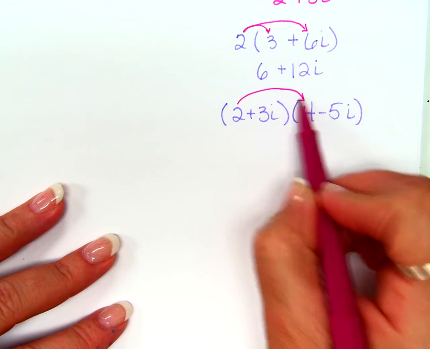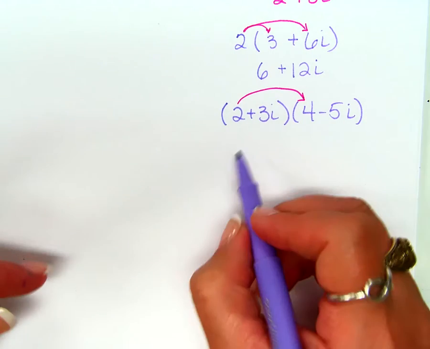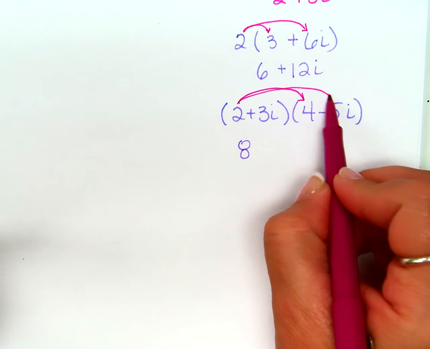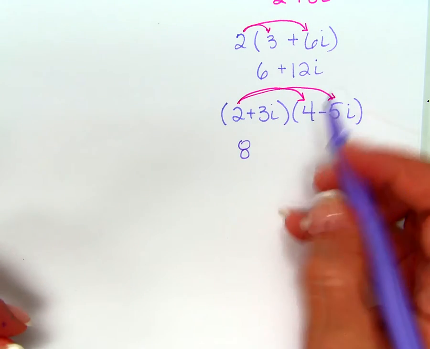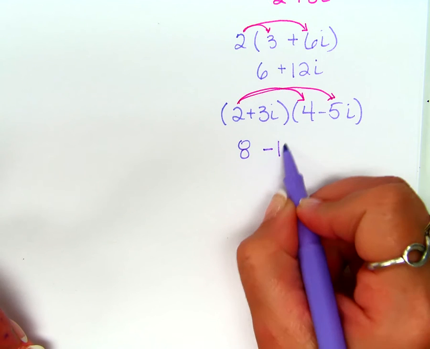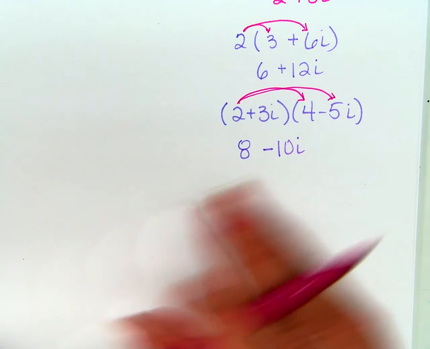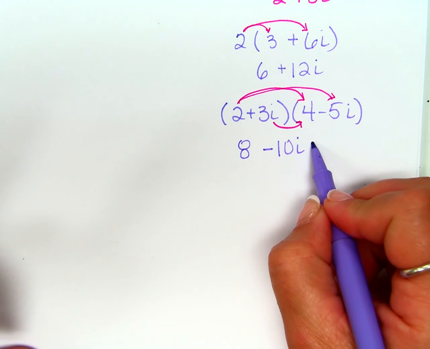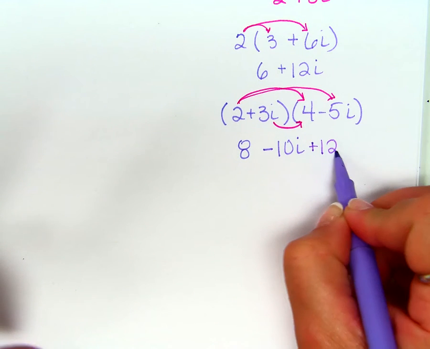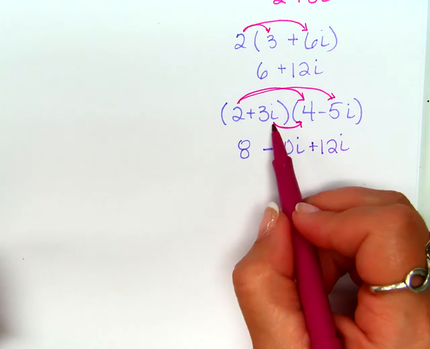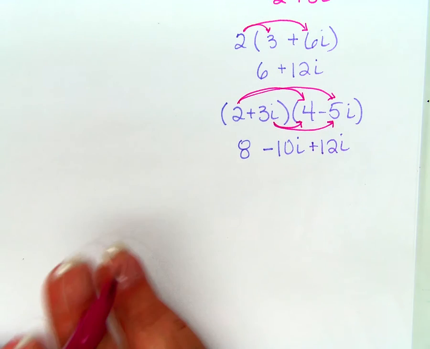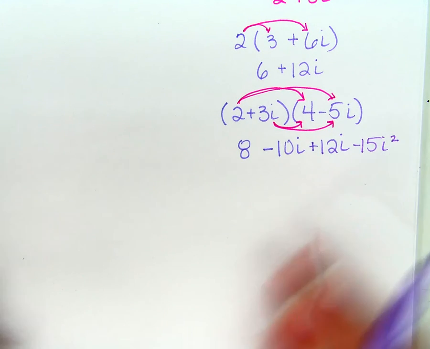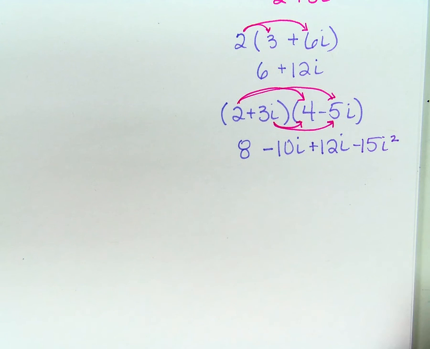Here and here, which is 8. Here and here, which is negative 10i. Here and here, which is plus 12i. And here and here, negative 15i squared. Absolutely. Okay.